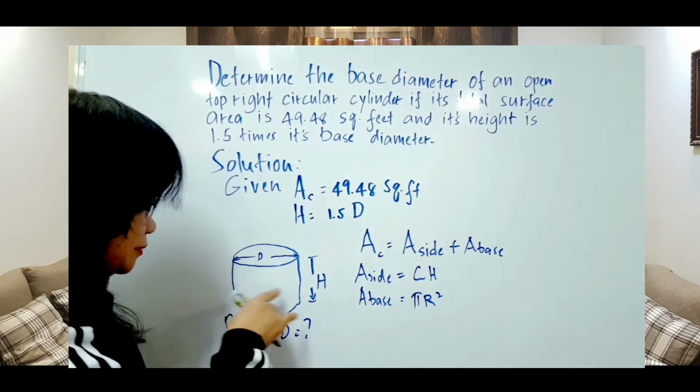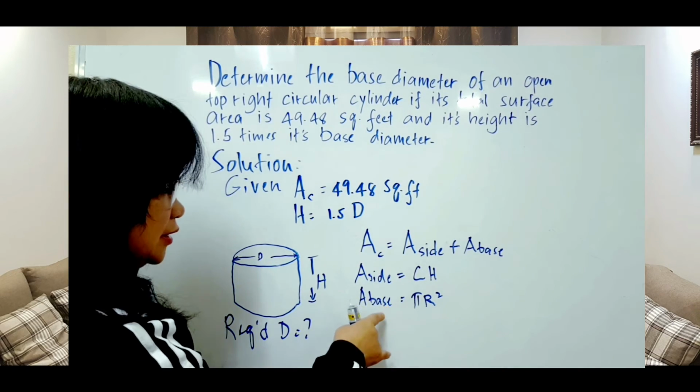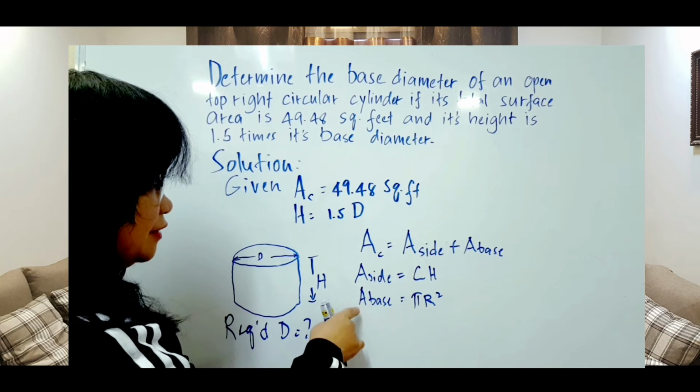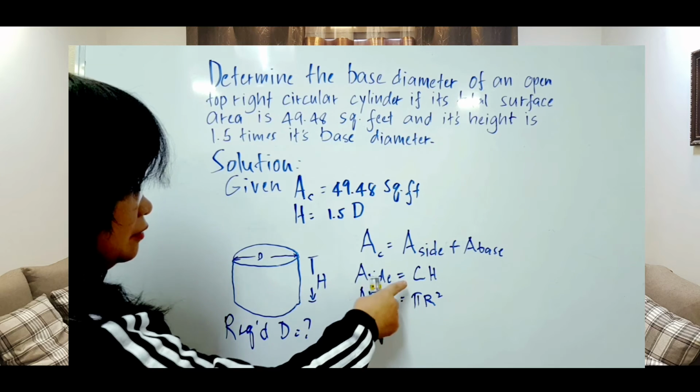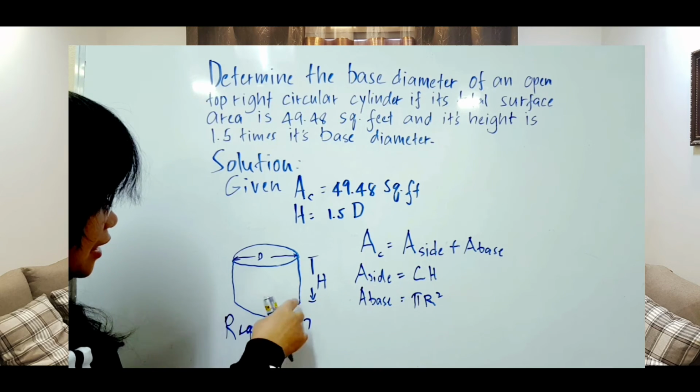The base is circular, so it is pi r squared. This is the formula of the area of the base, and the area of the side is the circumference times the height.